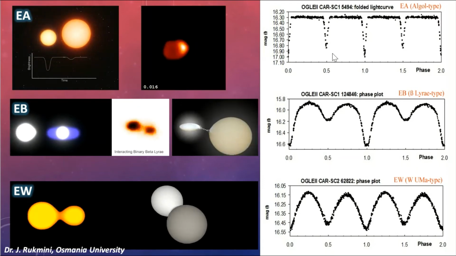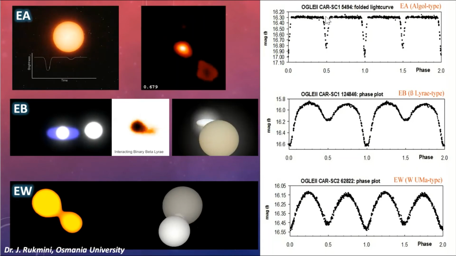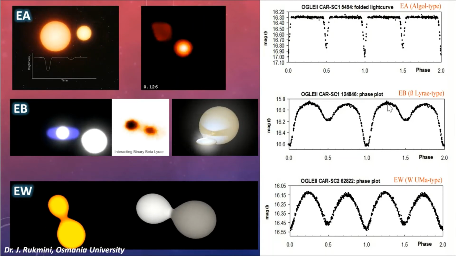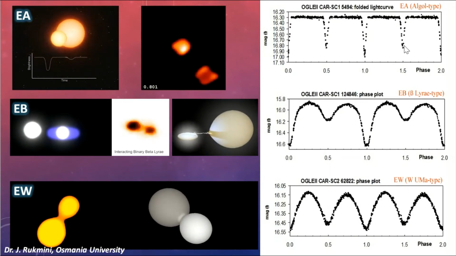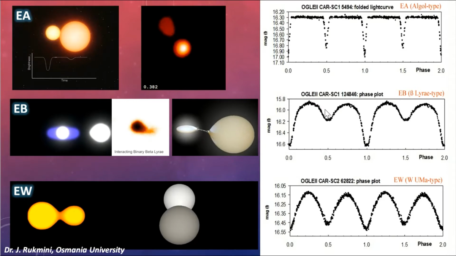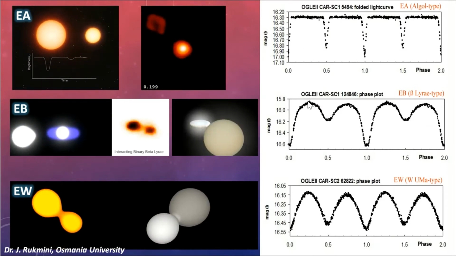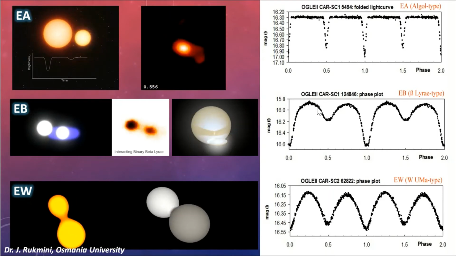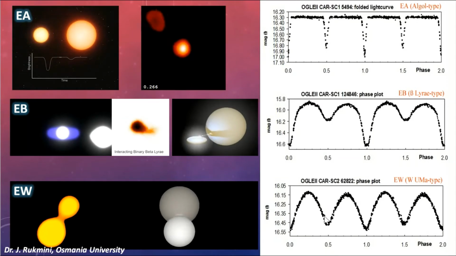The region of the light curve where the brightness becomes maximum is known as maxima. The region where the brightness becomes minimum is known as minima. So these are the maxima phase and minima phase. Similarly here, this is the phase of maximum brightness, this is the phase of minimum brightness, and similarly in the third light curve too.